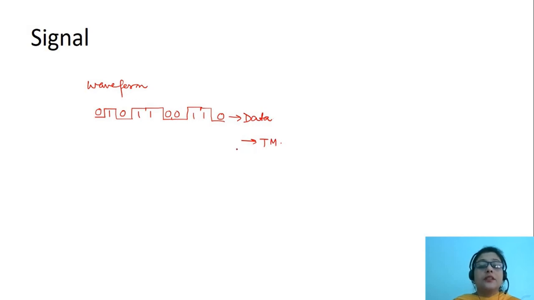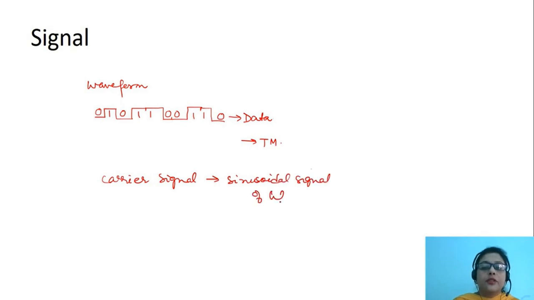In order that this data is passed through the transmission medium, we have to superimpose one carrier signal over this data. This carrier signal is basically a sinusoidal signal of high frequency.